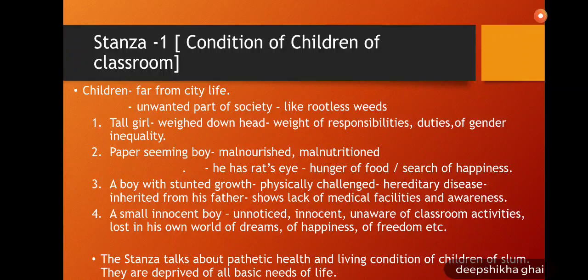The second child described is a paper seeming boy. A paper seeming boy is again a metaphor. A boy as thin as a paper. Though this description is a hyperbole, it again tells us the condition of the slum area. It clearly shows that the boy is malnourished.